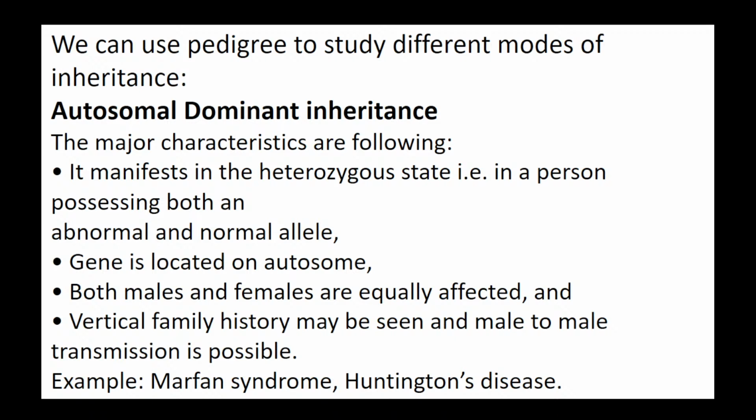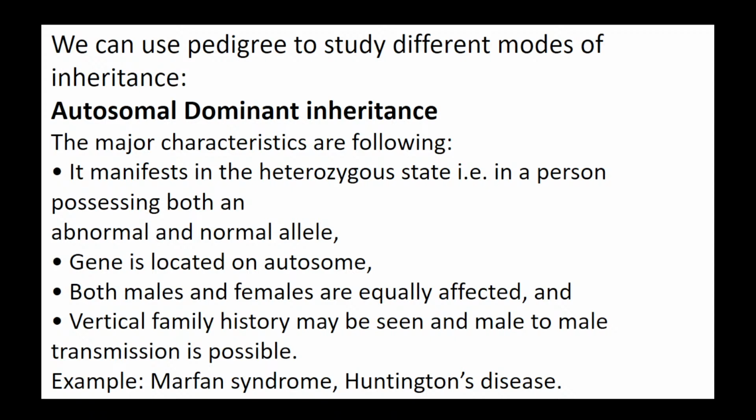There are six types of inheritance, and we can find these types with the help of pedigree analysis. The first is autosomal dominant inheritance. The major characteristic of this type of inheritance is that the characteristics manifest in the heterozygous state.